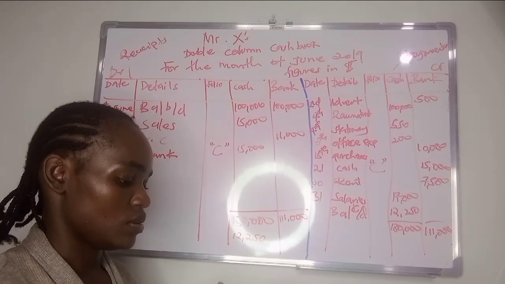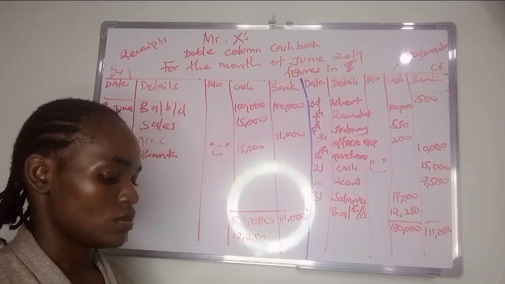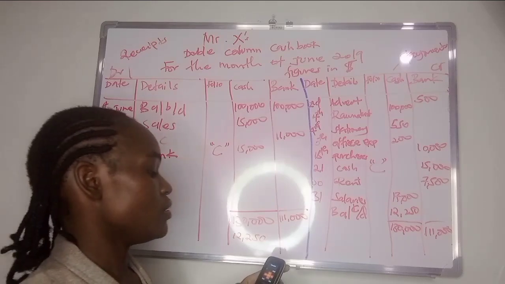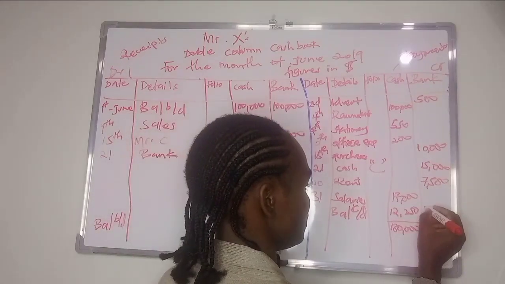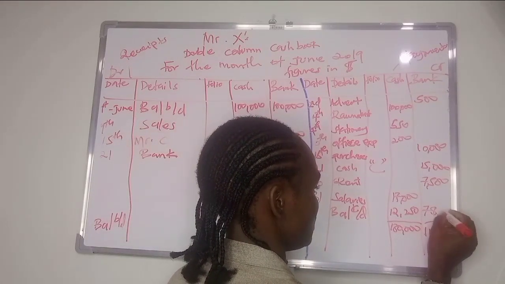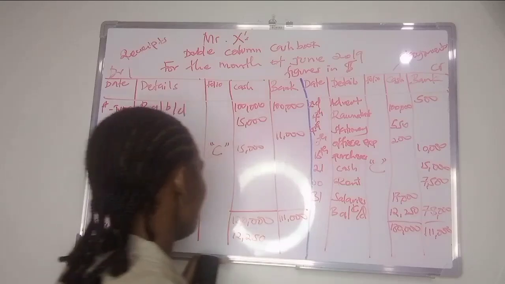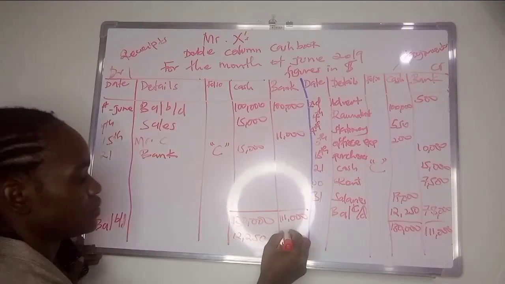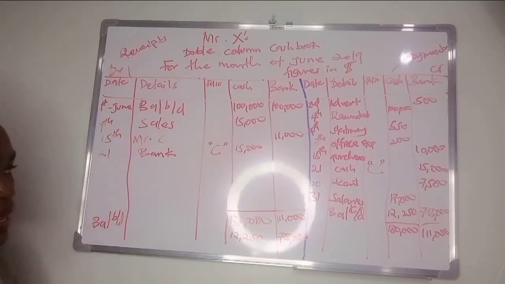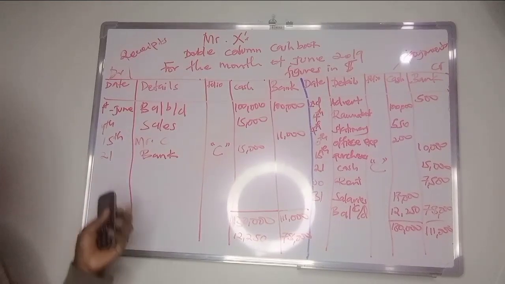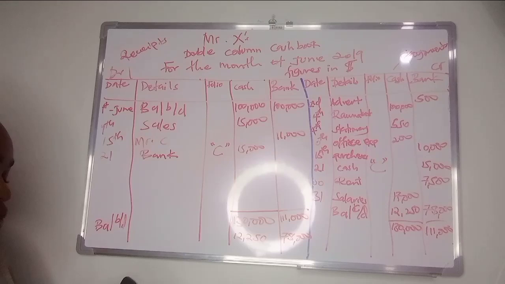Minus 33,000. So the difference is 78,000. So balance carried down will be 78,000. And it will be the balance rolled down here, 78,000. Like that. So that is the cash book.